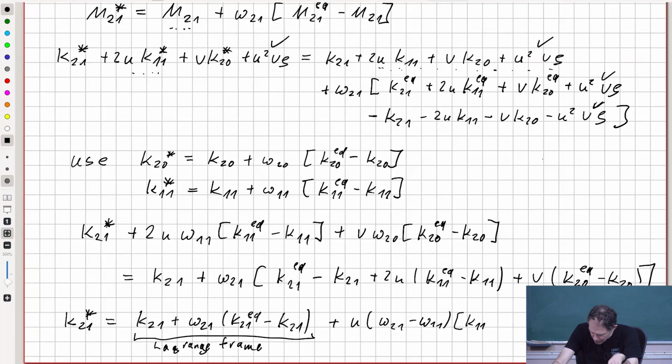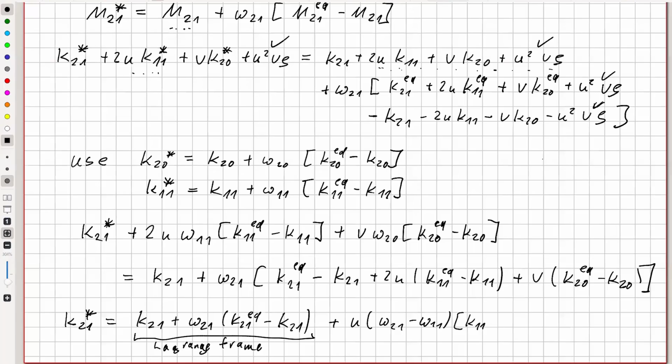K11 equilibrium minus K11 plus V times omega 21 minus omega 20 times K20 equilibrium minus K20.